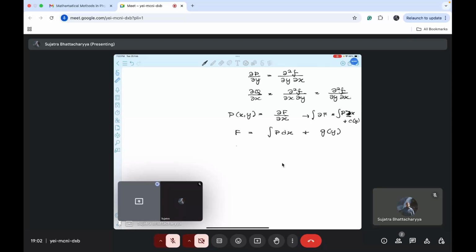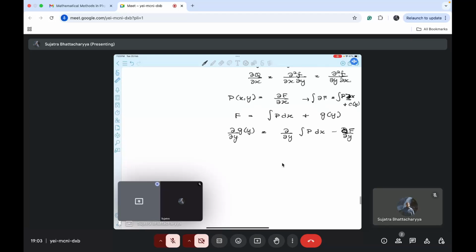Now, what I am doing is that for g of y, you can take the negative sign also, it doesn't matter. So delta by delta y of g of y will be delta by delta y of the integral of p dx, minus some q. Why? Because this will be nothing but delta f by delta y, which is nothing but q.